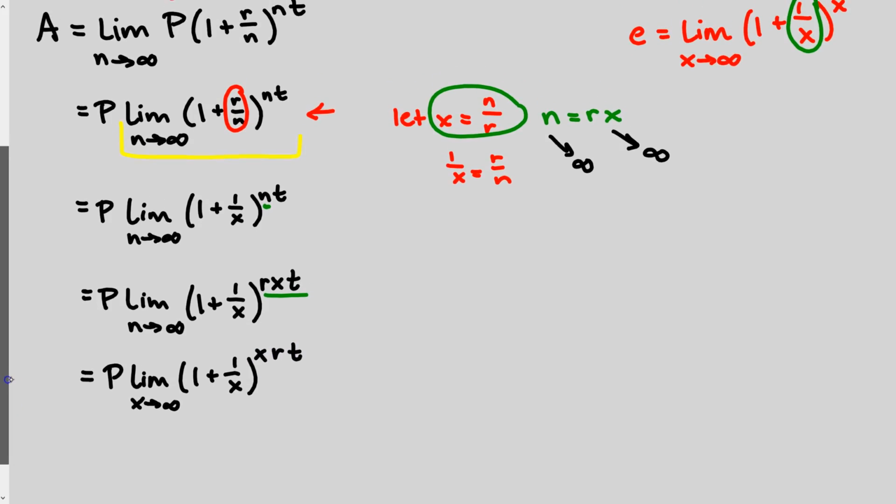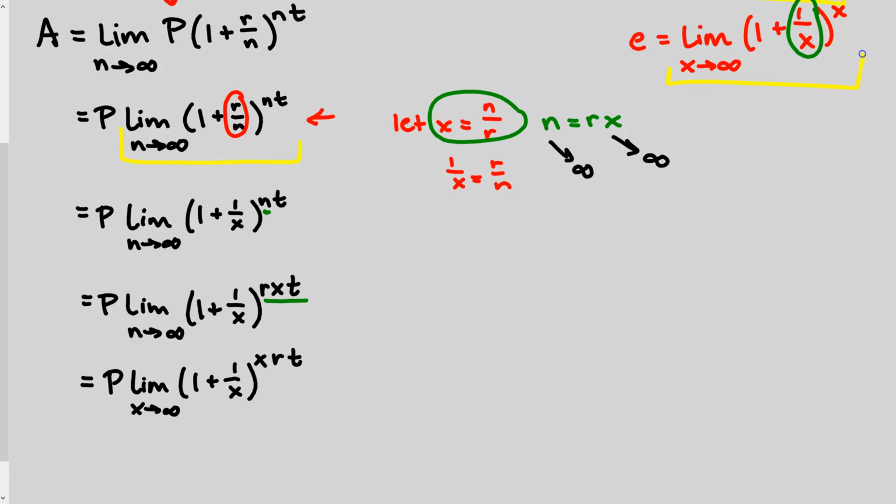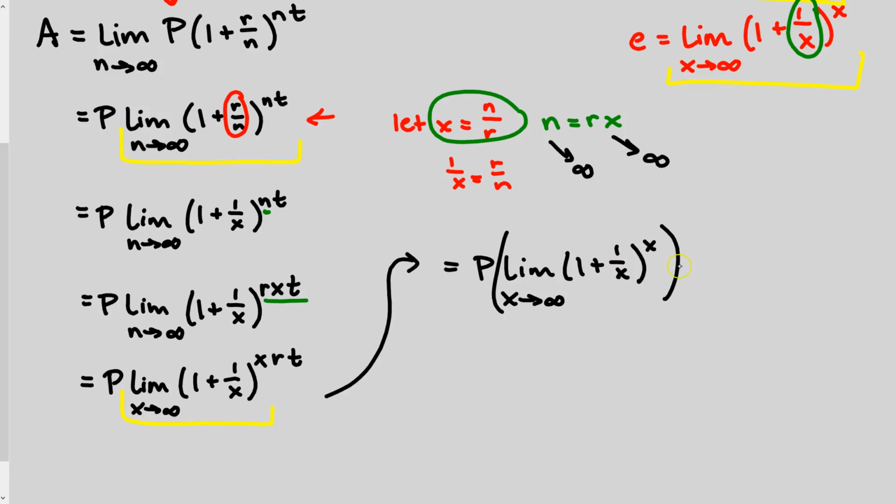Now if you look at the definition of e, and you look at what I have here, we're just inches away. So what I'm going to do now is use exponent properties and think of this as to the x power and to the rt power.